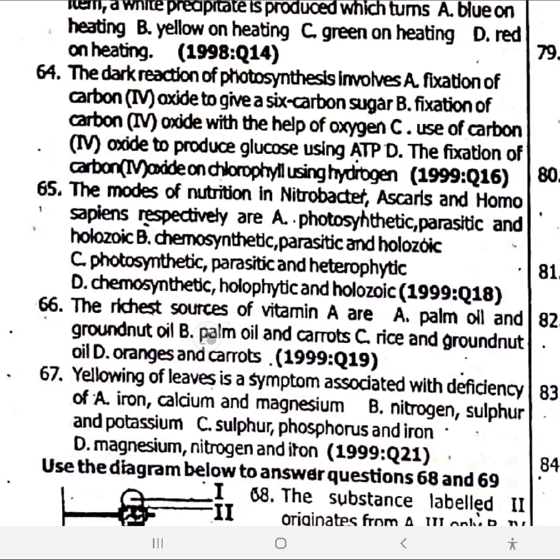Autotrophism equals photosynthesis and chemosynthesis, while heterotrophism equals holophytic nutrition and holozoic nutrition. So that's it, I just gave a little bit of note on question 65. 66, the richest source of vitamin A, which is option B.